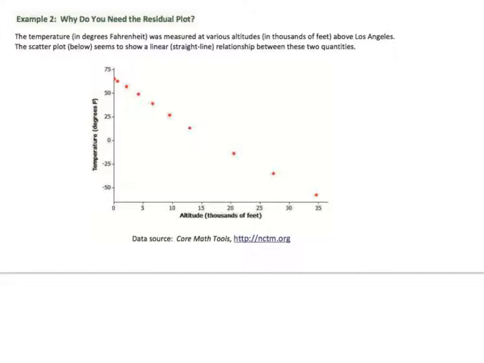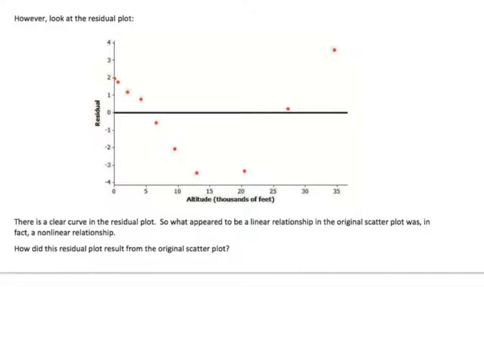It appears to be linear. Okay, I could put a line in there. That's not a line, but you get what I'm saying. So let's look at the residual plot. The residual plot is curved. So there's a clear curve in the residual plot. So what appeared to be a linear relationship in the original scatter plot was in fact a non-linear relationship.